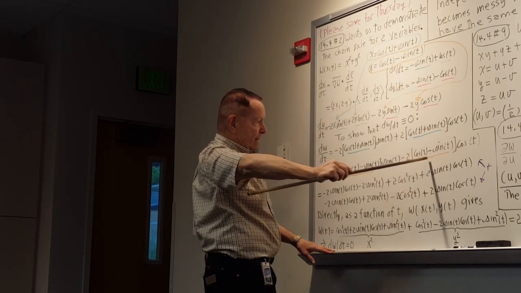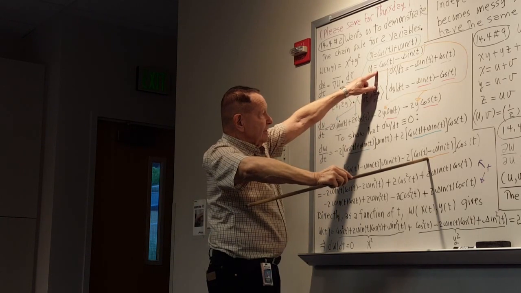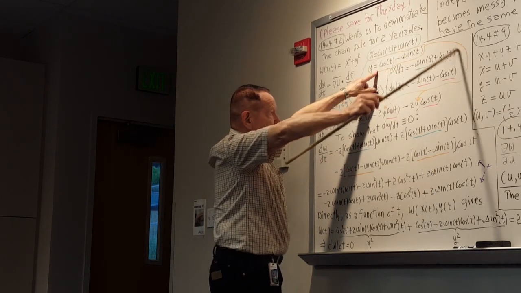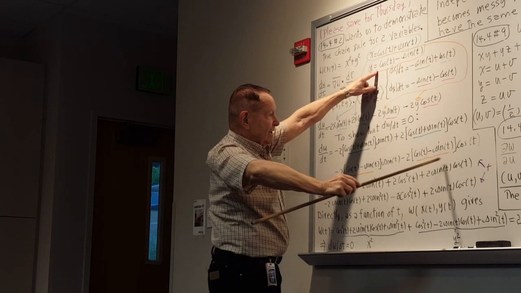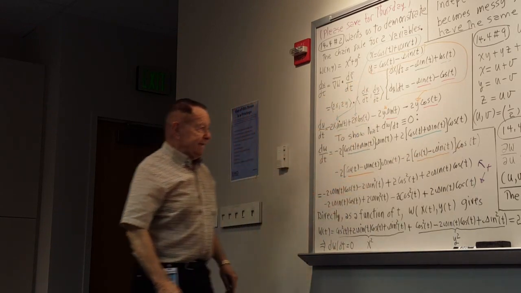Here's the y down here. Follow the color again, also the orange should come down to this, and then the cosine t.